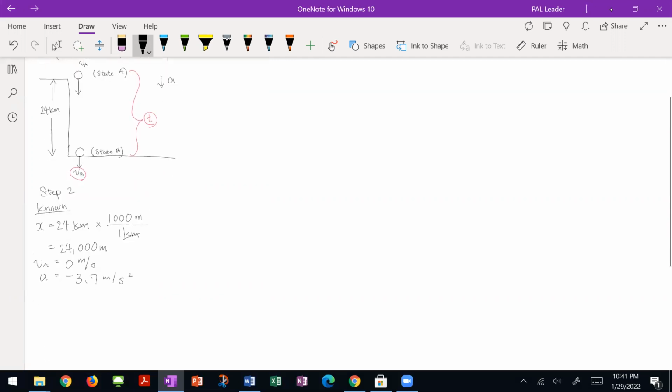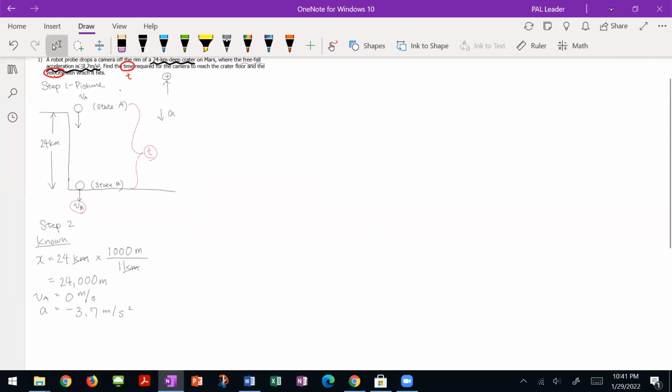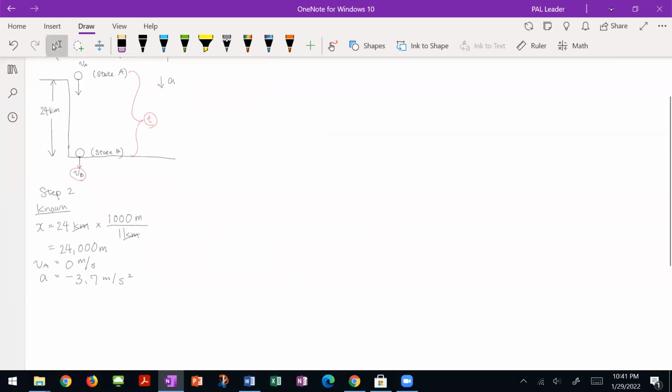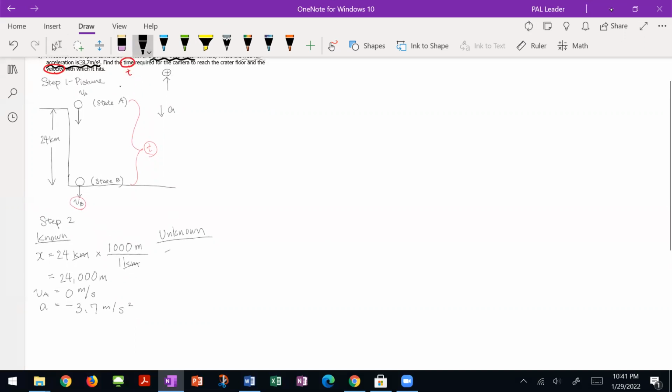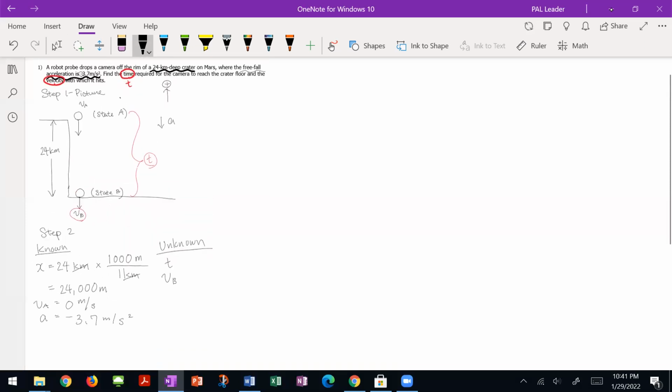That might be it. Okay, now our unknowns. We do not know how long it took for the camera to go from state A to state B. We also don't know the velocity when it's at state B.